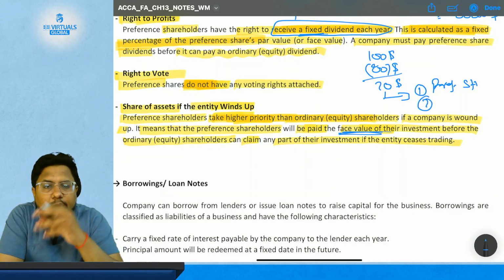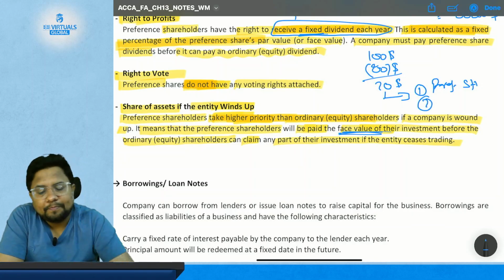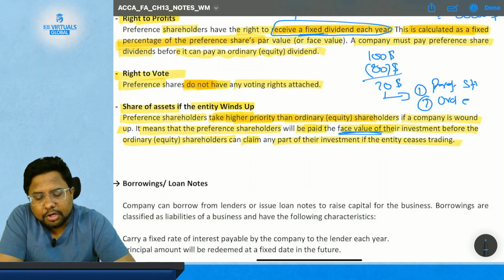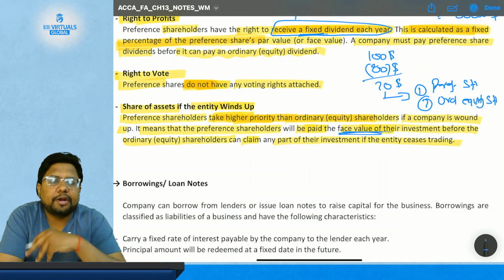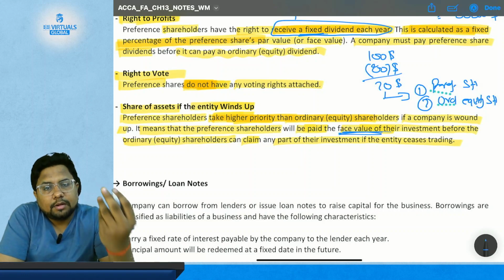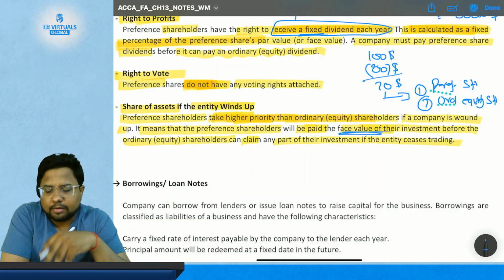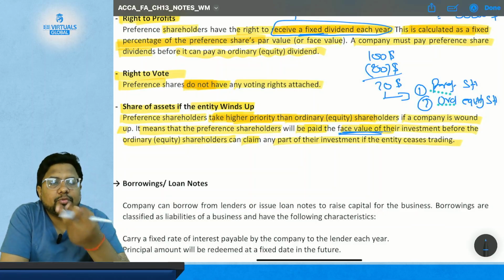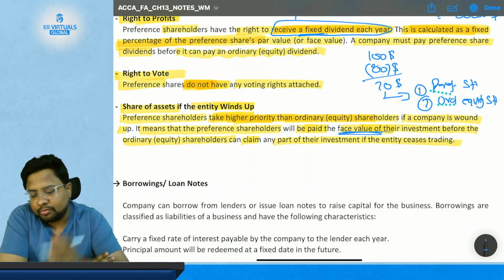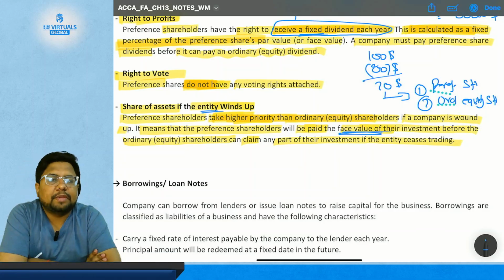After this, whatever amount is left will be given to ordinary equity shareholders. So first priority is to pay back the preference shareholders, then only the equity shareholders get money back. So they get preference over dividend, and preference over share of assets if the entity winds up.